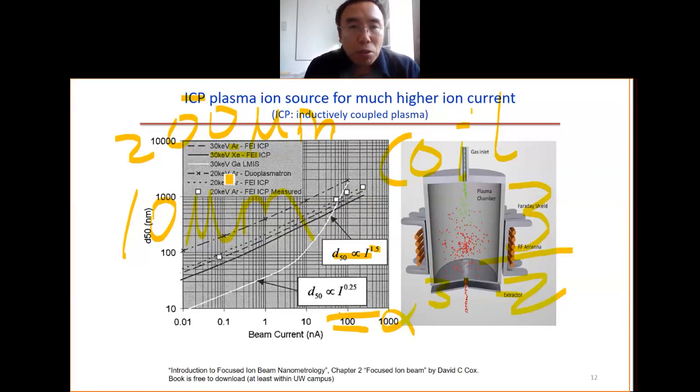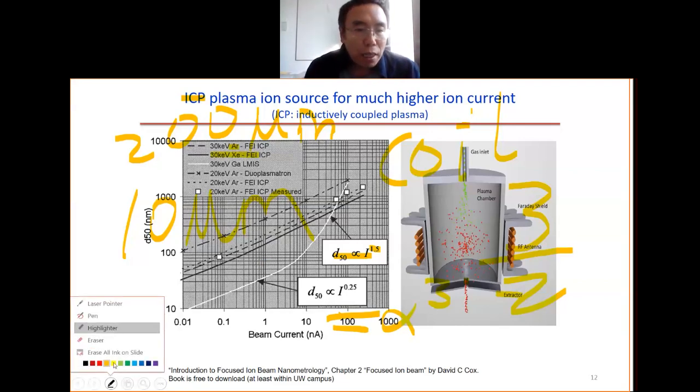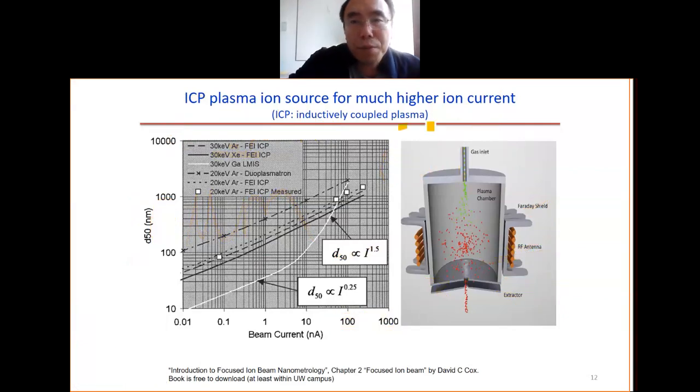So nowadays we use xenon rather than argon. Normally when we do sputtering we use argon, but for the plasma ion source we use xenon. There are a few reasons. First, xenon has a higher atomic number, so the heavier mass and higher momentum than argon mean the sputter yield will be higher.